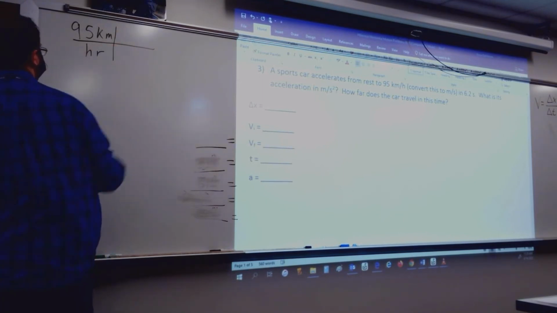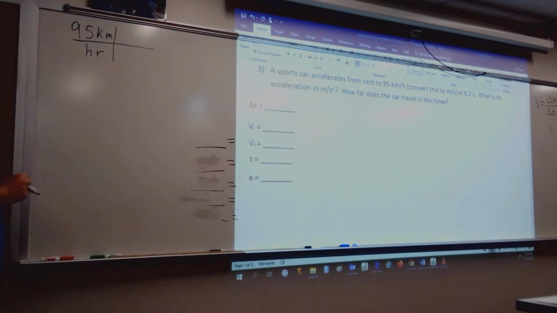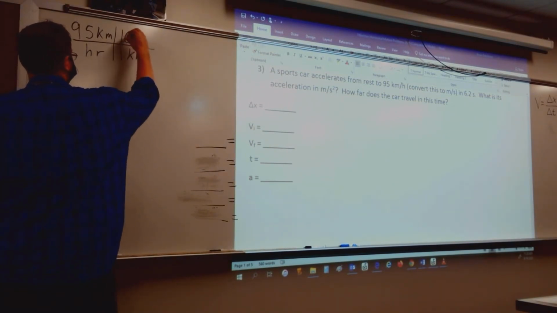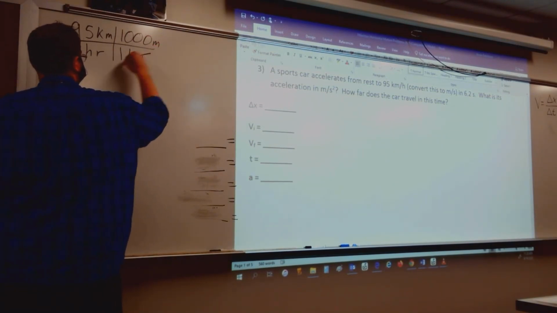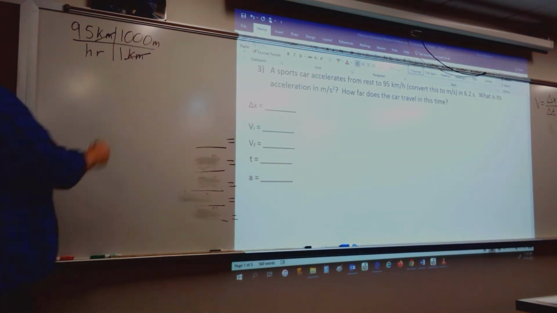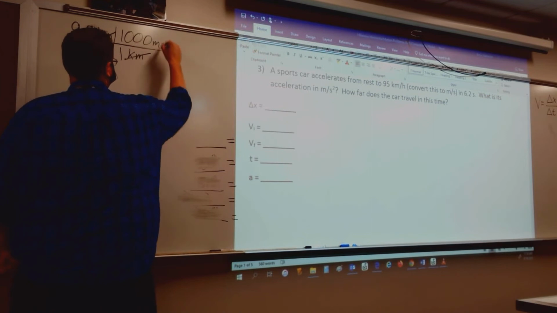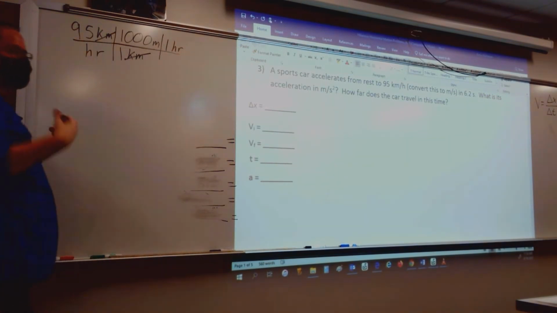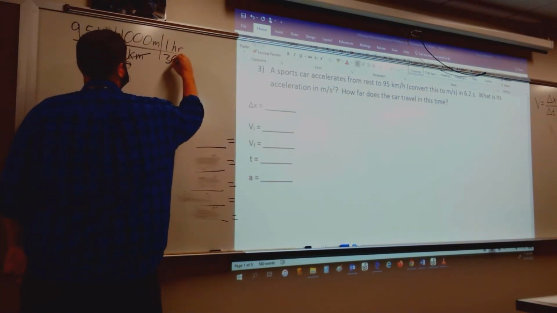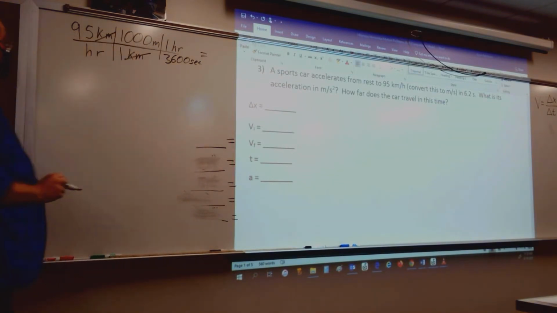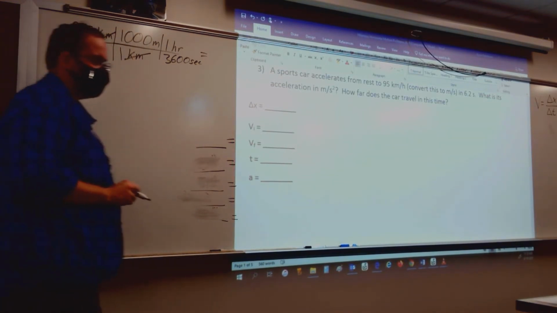We should know that 1 kilometer is 1,000 meters, and to cancel out the hour, it goes on top. 1 hour is 60 minutes, 1 minute is 60 seconds, but 1 hour is 3,600 seconds. So we take 95 times 1,000 divided by 3,600.